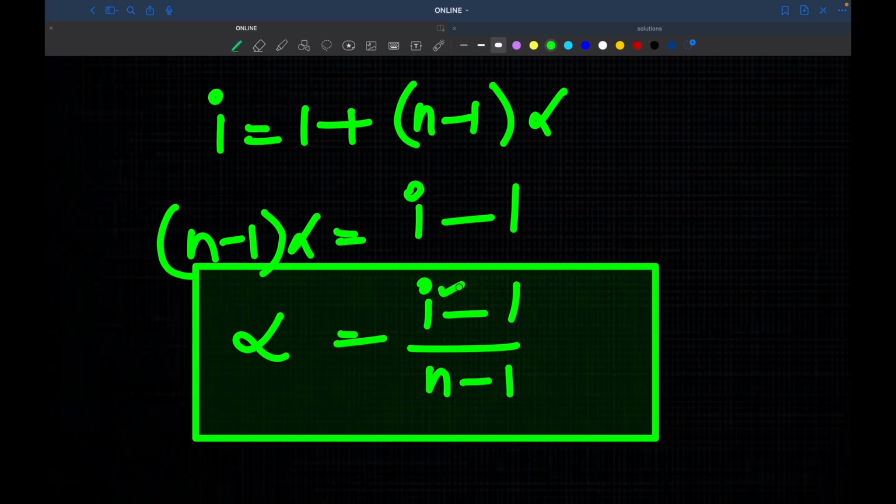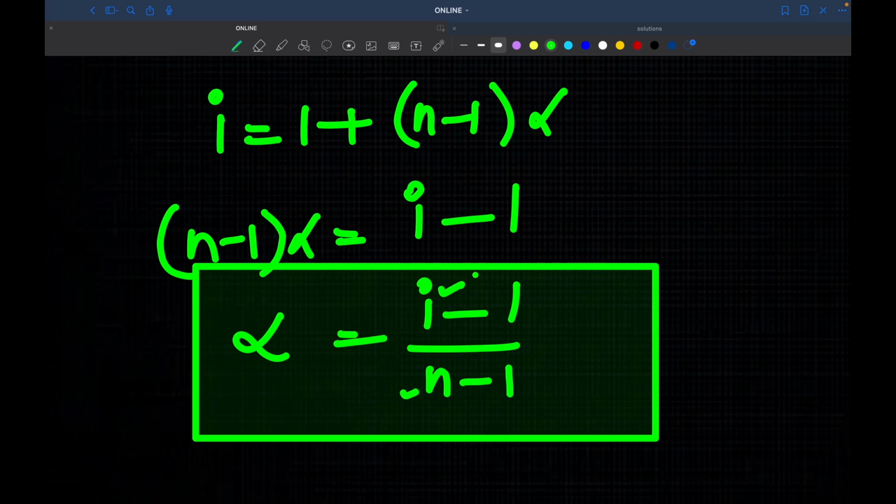If I is given and n you know, using this formula you can calculate alpha. This formula isn't there in NCERT, so you need to take a note of it. Colligative property, van't Hoff factor you should remember.